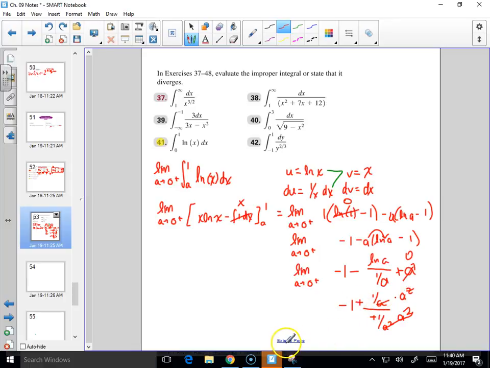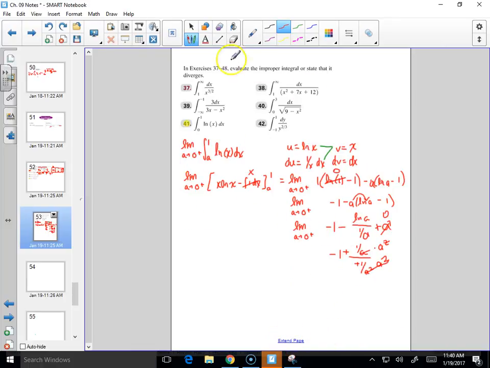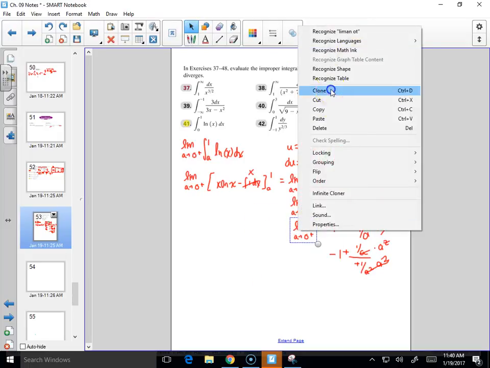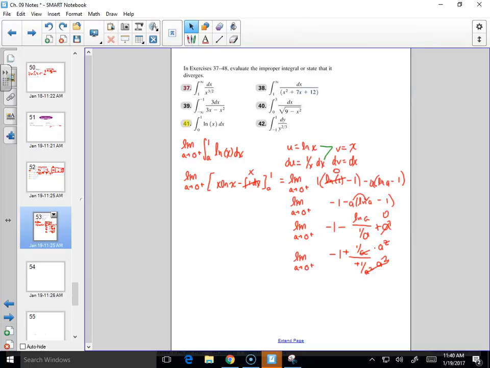So we have negative 1 plus a, the limit as a approaches 0. Took us a while to get there, but what does that leave us? Negative 1 plus 0 is negative 1.